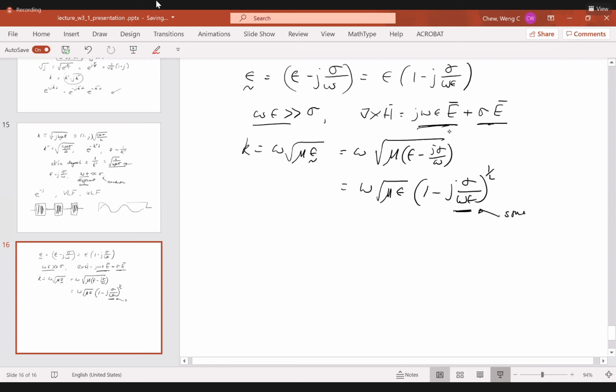If you have something like 1 plus x to the half, and if x is very small, what is this approximately equal to? It's something that we do in freshman mathematics or high school mathematics quite a bit. How can we approximate this function? Square root of 1 plus a small number, what is it approximately equal to? Anybody?